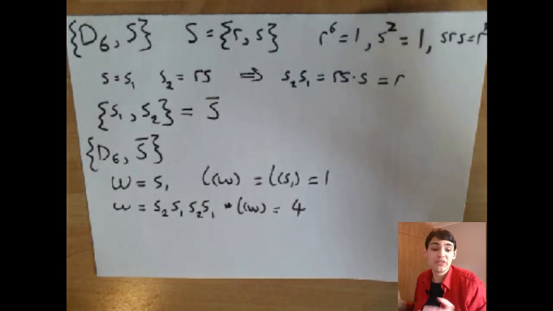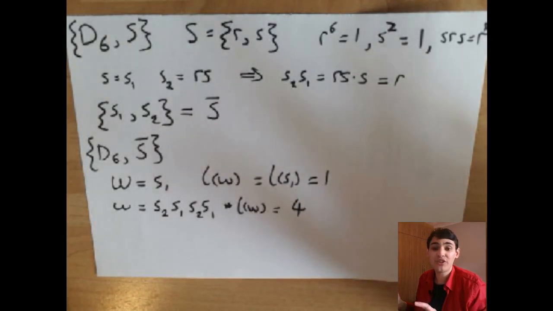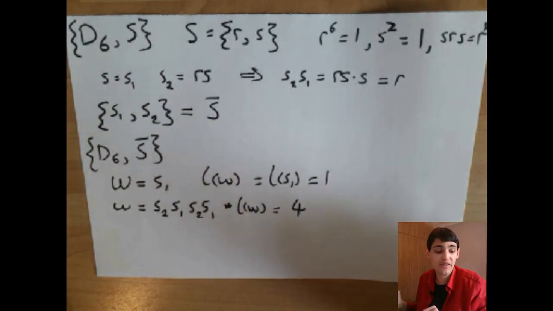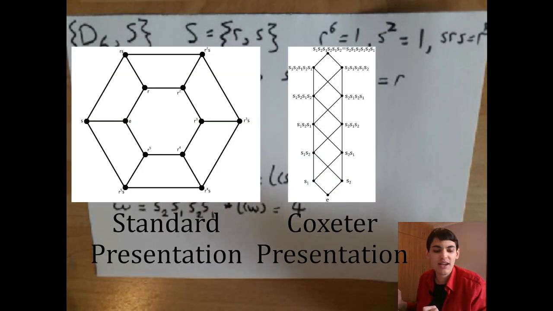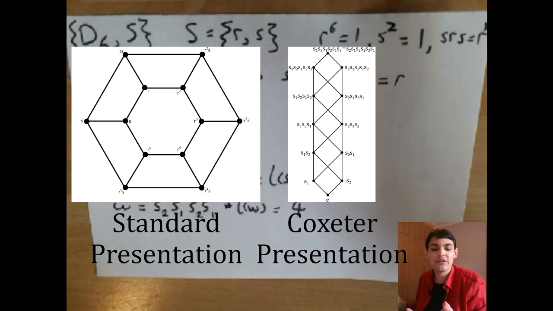Okay, what can we do with this though? Well, first of all, we can actually draw a Cayley graph for both presentations, and I've drawn those over there. You can see very quickly a lot of differences between them. For example, in the Cayley graph of the standard presentation, all of the nodes have degree 3, whereas in that of the Coxeter presentation, the nodes can have degree 2, 3, or 4.